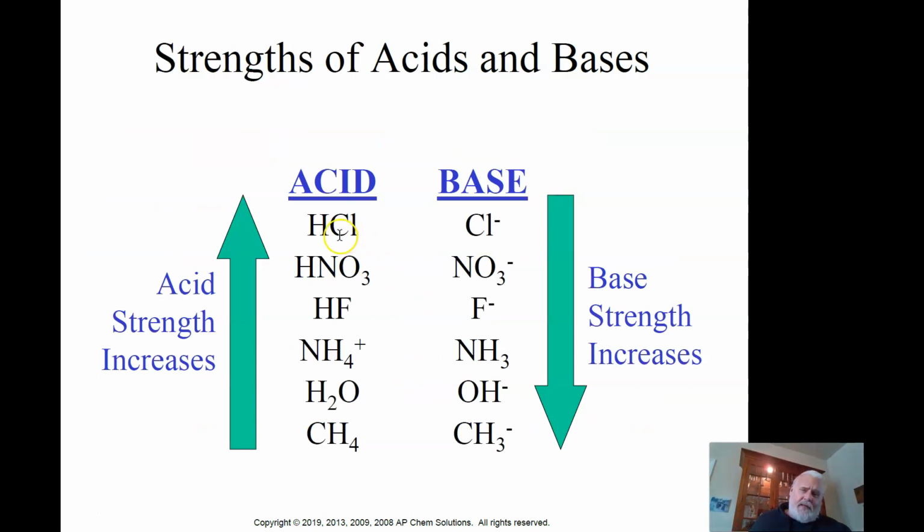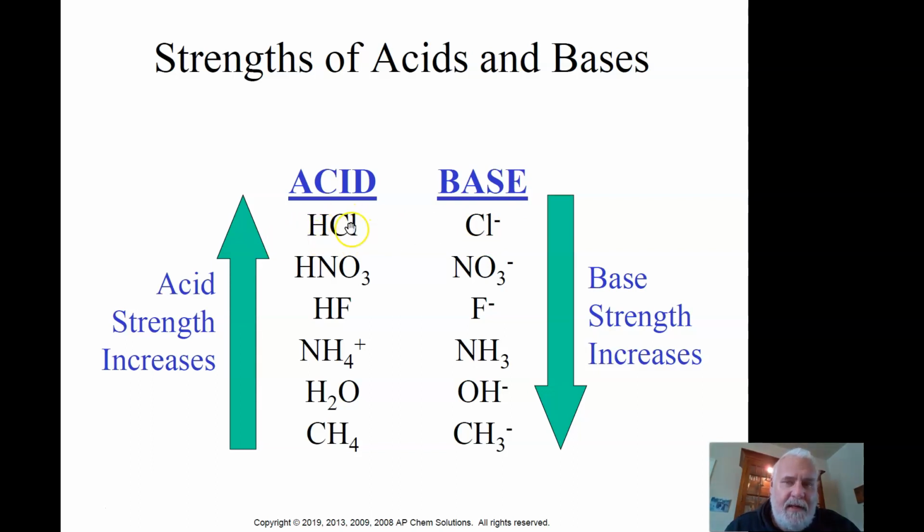So if you have something like HCl, that's one of the acidic 6. So it is definitely going to be a strong acid. Now its base is very, very weak. Okay, so this is a strong acid with a weak conjugate base. So does it want that hydrogen back?